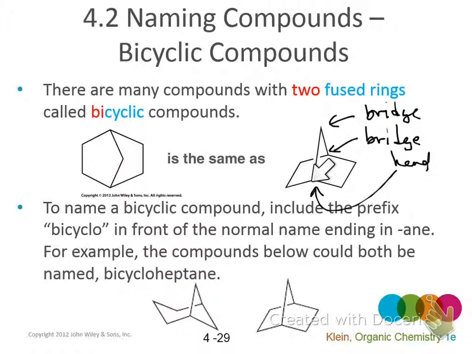This one's also 2 going this way. And then what is this one? It's just the 1, right? So when we name bicyclic compounds or tricyclic compounds, you would say something like bicyclo, and then you have to tell people how the bridgeheads divide up the rings.